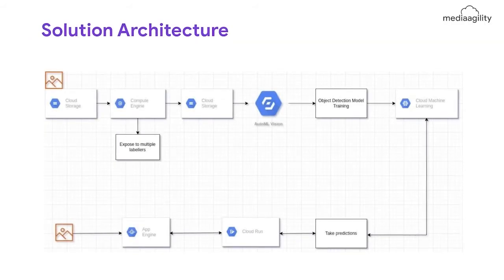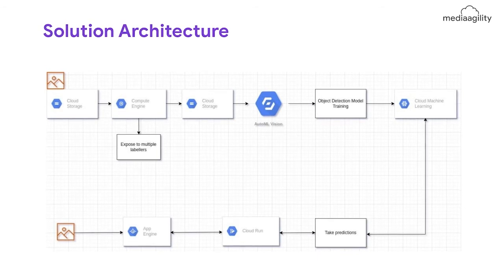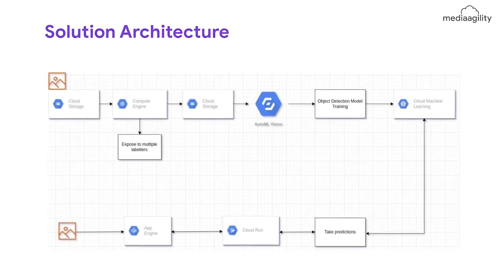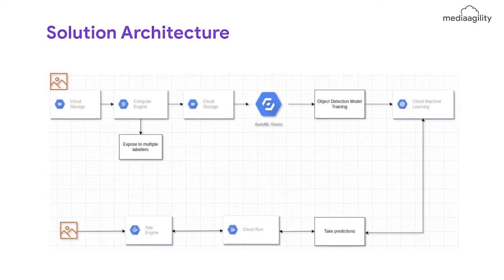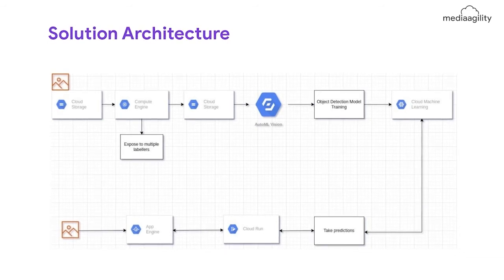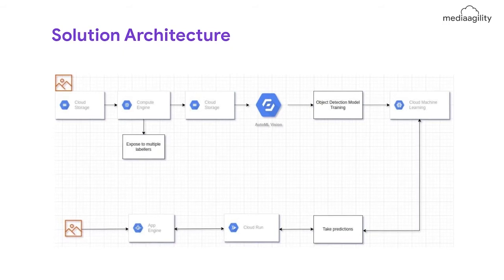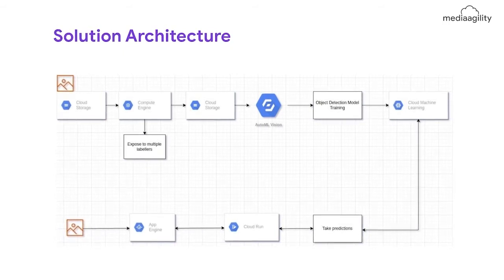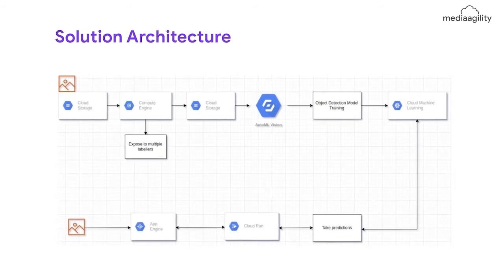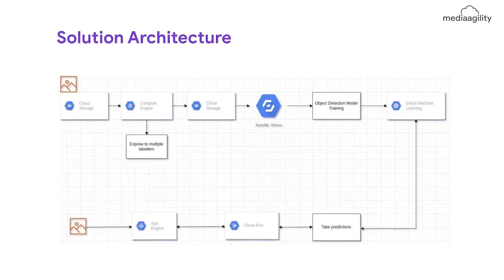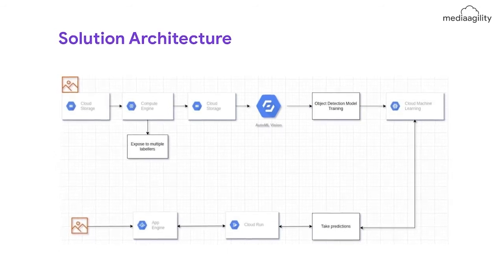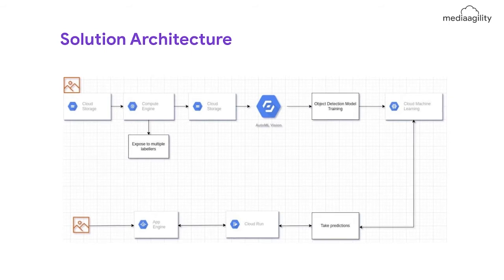So this is the solution architecture we defined. Suppose you have images in cloud storage, and we didn't have a lot of images, right? What you can do is start with a small set of labeled images, and expose a Compute Engine VM to multiple labelers using some vision annotation tool.